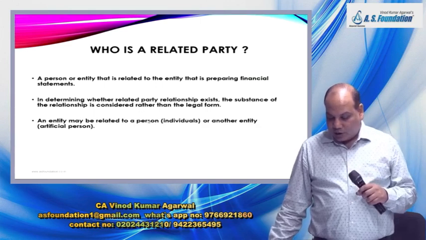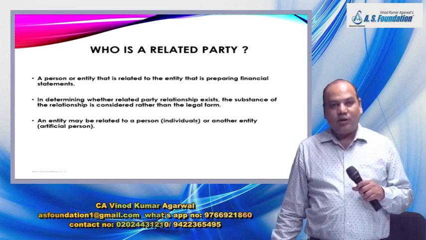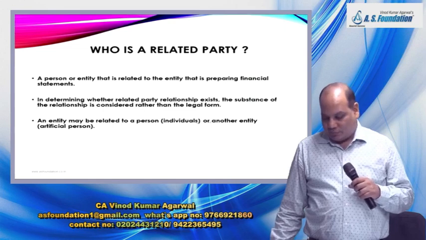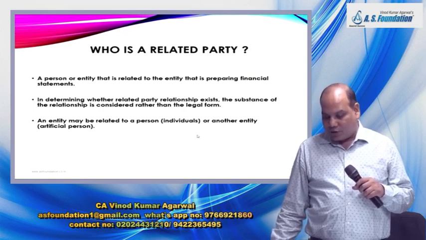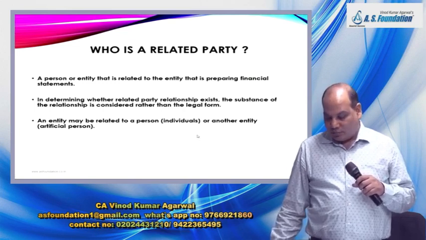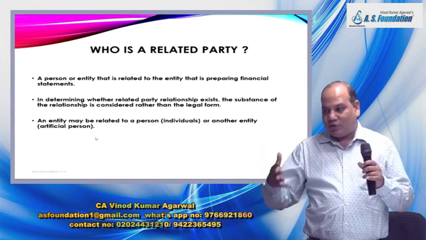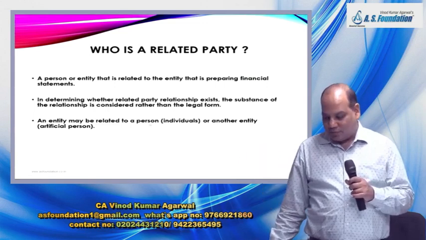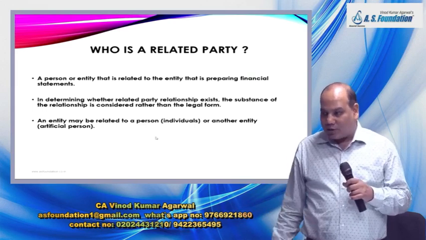So a related party can be people like you and me, individuals, natural persons, or it can be another entity which is an artificial person. Like a holding company will say a subsidiary is my related party. Holding company can also say that the major stakeholder of my company who is holding 70% share in my company is my related party.